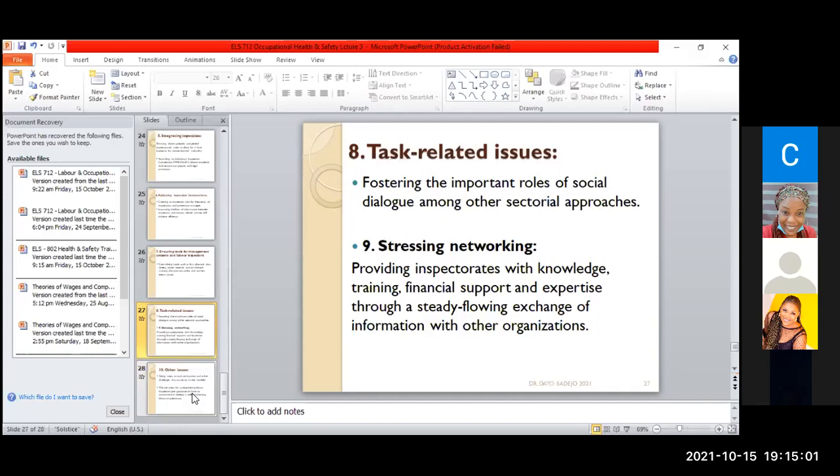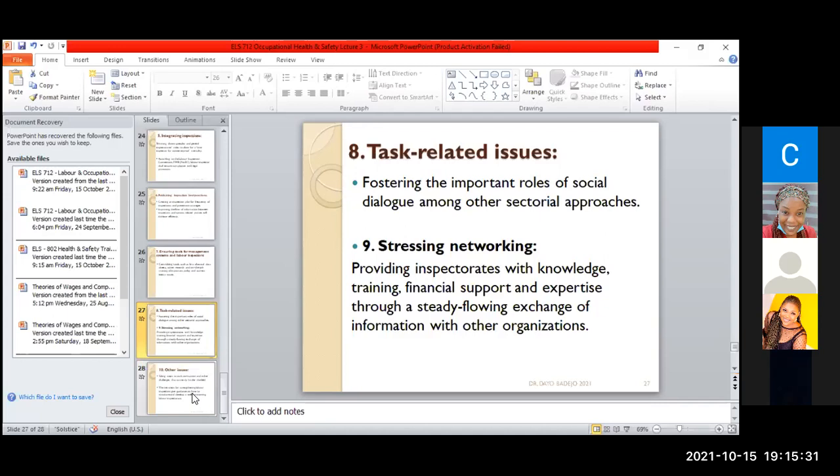We need to foster the important role of social dialogue among other sectoral approaches. Like I said, instead of having duplication, there must be synergy. There must be an integrated system that brings all that matters into the space to really make sure that related tasks are done in synergy, which will bring about effective results.